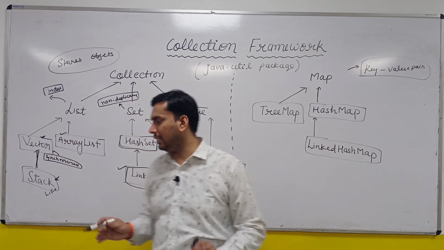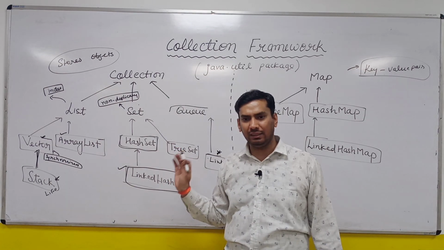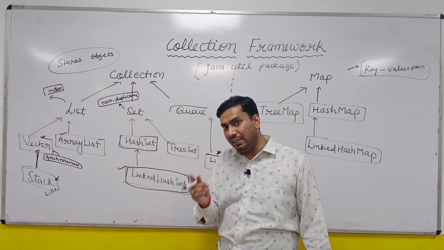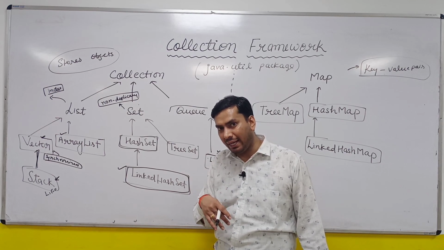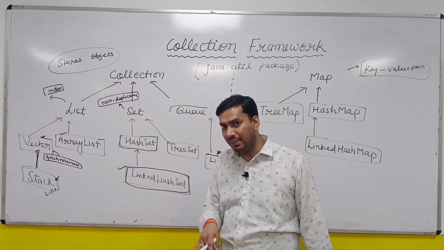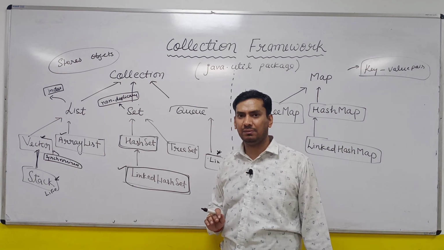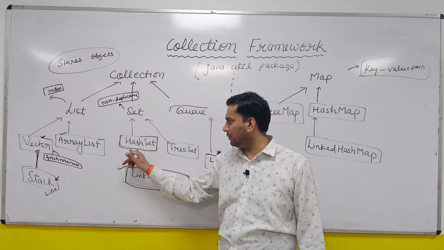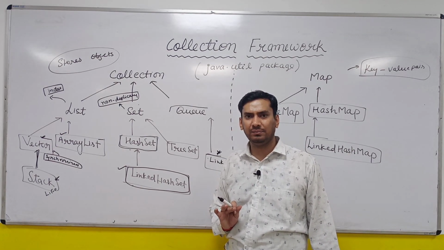The difference between hash set and linked hash set should be clear. Both are removing the duplicates, but if you want the elements given back in the same order in which I have added, you will use linked hash set. But if you feel the ordering doesn't matter, only duplicates should be removed, you can go with hash set.